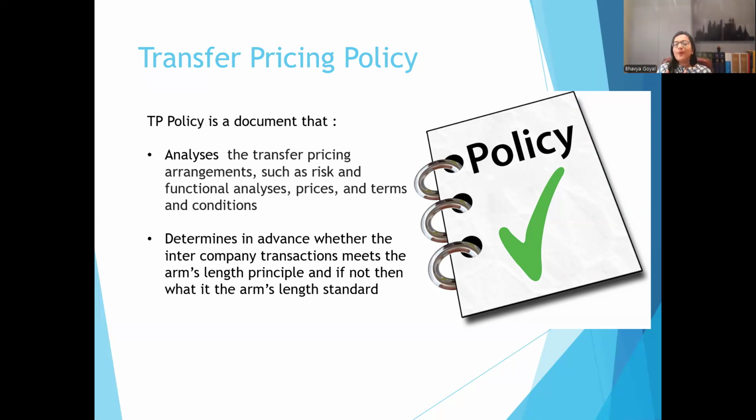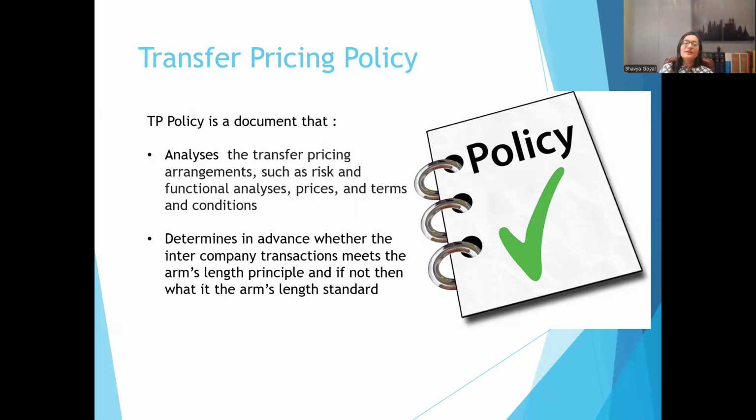It also benchmarks or determines in advance whether that transaction is meeting the arm's length principle or not. It will first identify the international transactions. It will undertake a functional, asset and risk analysis for that transaction.